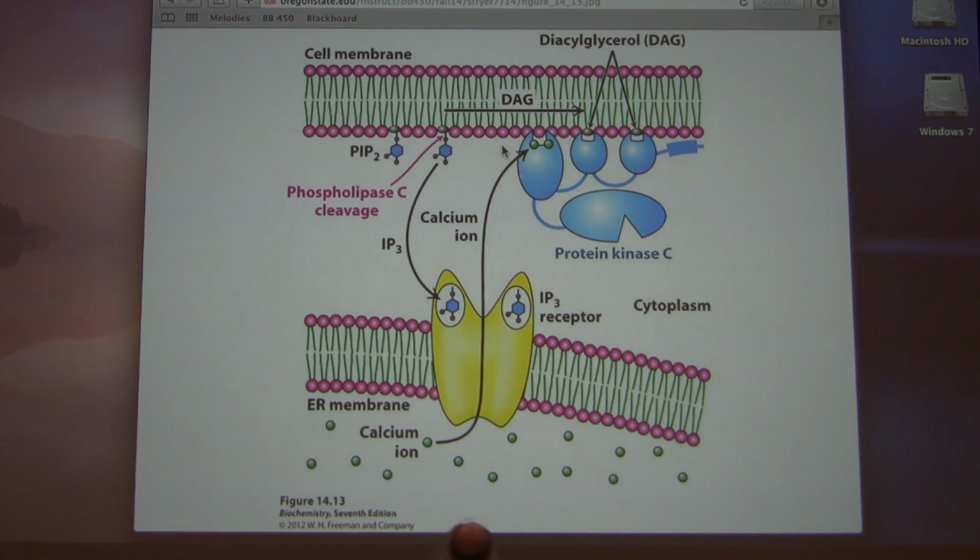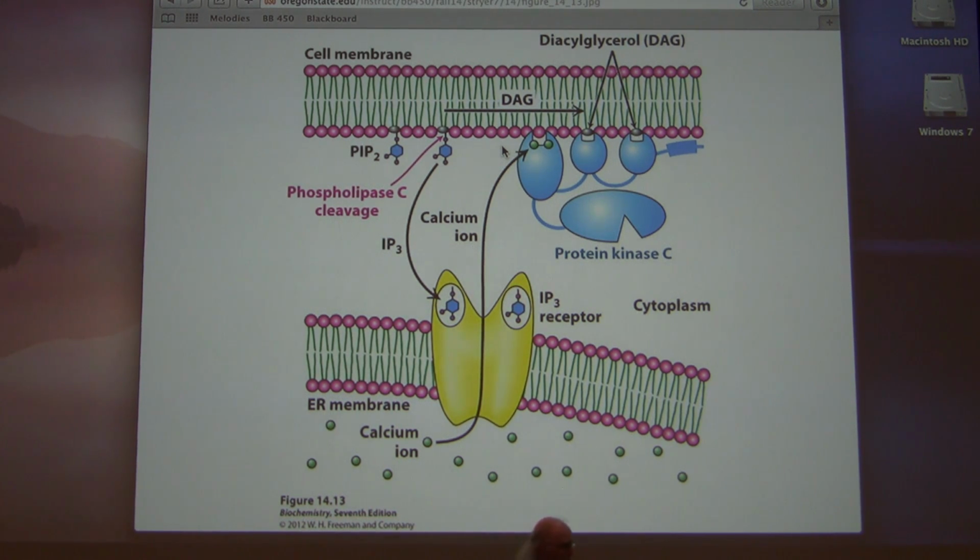When calcium concentrations rise, the calcium can bind to another kinase called Protein Kinase C. You're getting tired of protein kinases here. Protein Kinase C is located at the membrane, and it's bound to the other second messenger, diacylglycerol. We can think of calcium here as a third messenger because it was released upon the release of the second messenger, which is IP3.